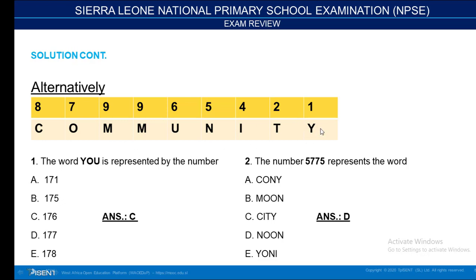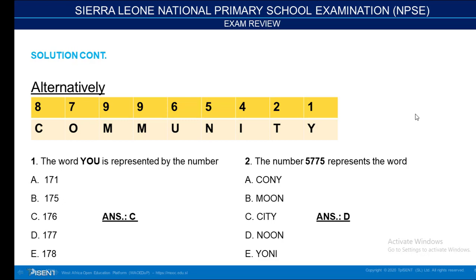Y is represented by 1. You can decide to write 1 on the corner. O is represented by 7. You can write 7, meaning we have got 1, 7. And then U is represented by 6. You write it. We have got 1, 7, 6.